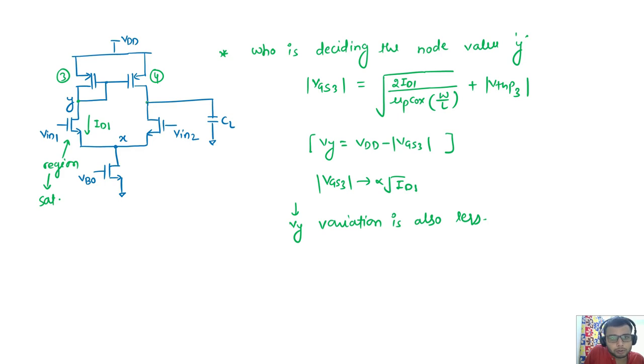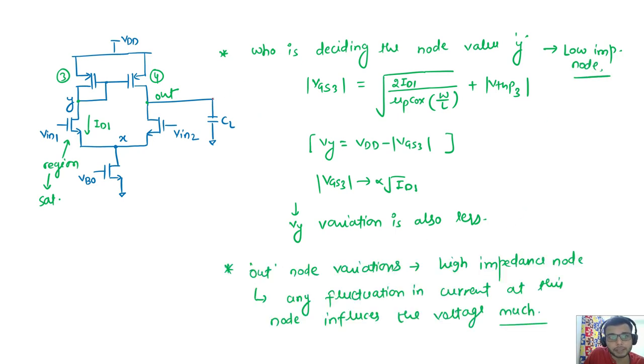And what about the out node? We can see it is a high impedance node. One more thing I should say, this other node is a low impedance node. Whatever the current is changing across transistor M2, which is ID2, at the point where both inputs are equal, the common mode value, which we decide is VDD by 2, these currents are equal.